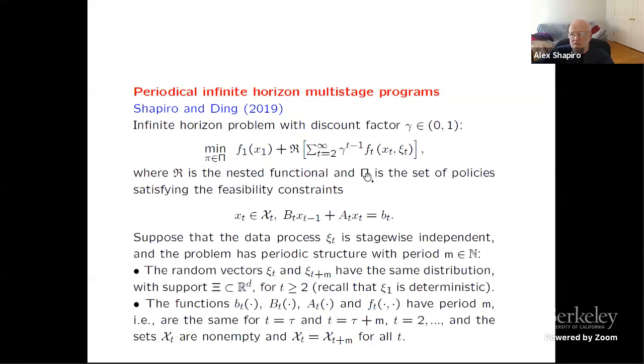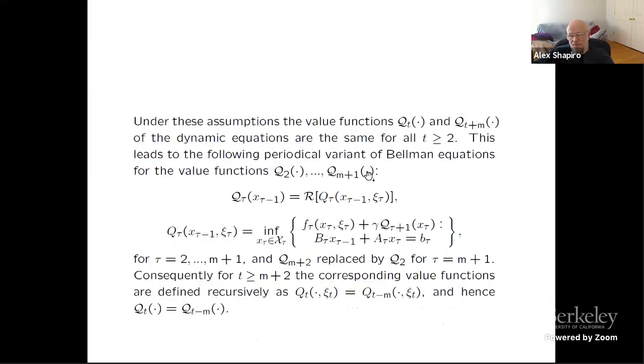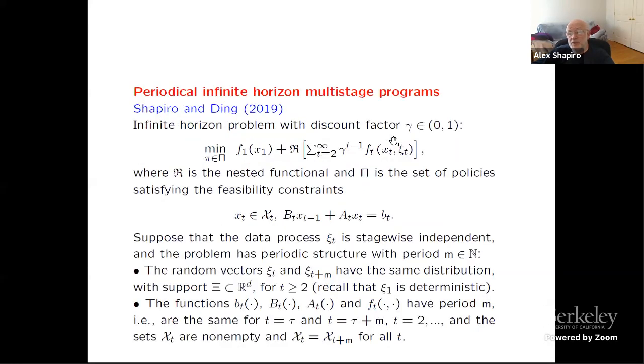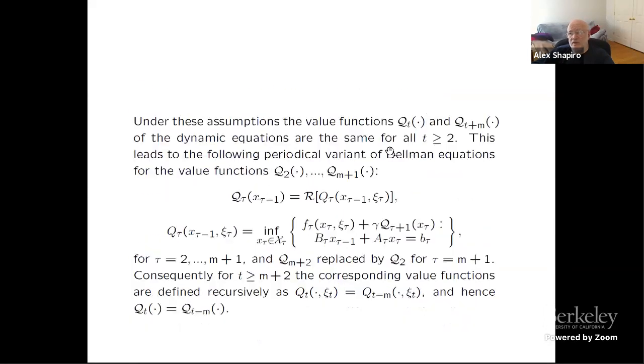This is not standard. Okay? If we do it like that, then your value function, we still assume stage-wise independence here, but even then it's difficult to solve. The value functions are the same because they repeat themselves with period m.